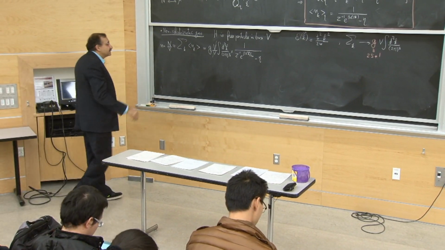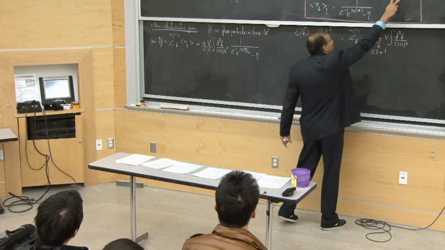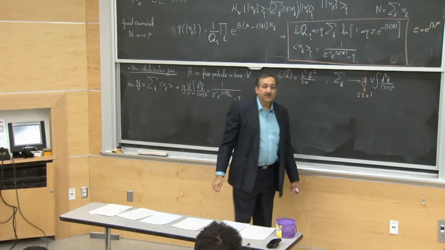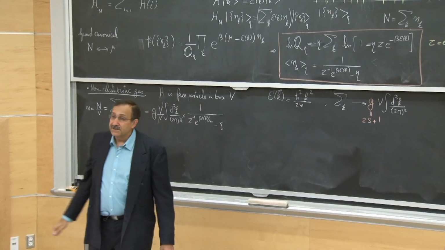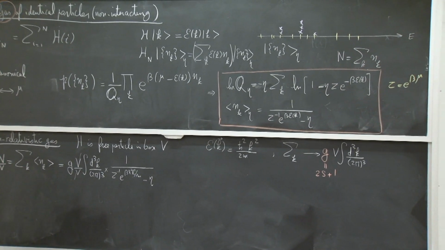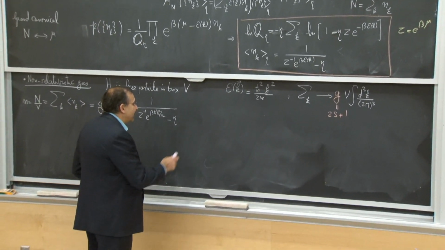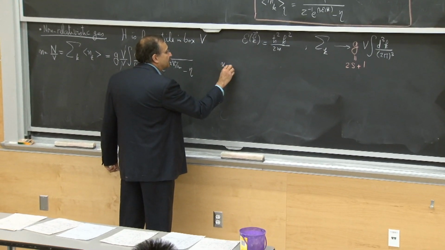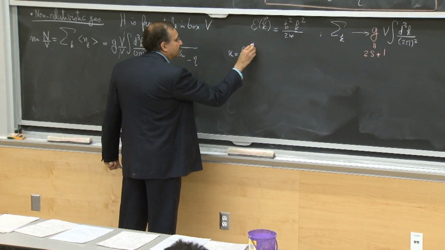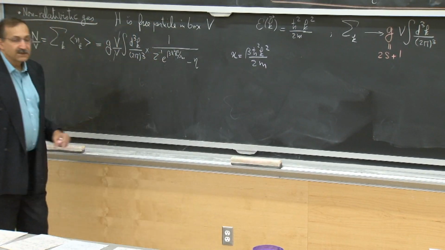Now, for this and a lot of other things, you can see that always I will have sums or integrations over the combination that appears in the exponent and hence is dimensionless, which is beta epsilon of k. So let me introduce a new variable. Let me call x the combination beta h bar squared k squared over 2m, so I'm going to call this e to the x.